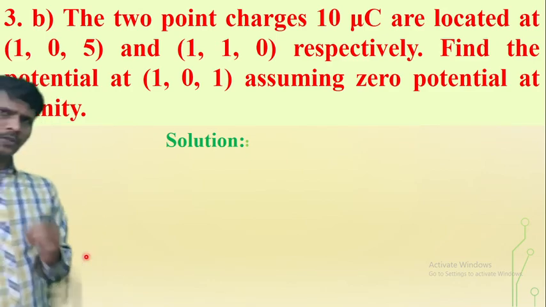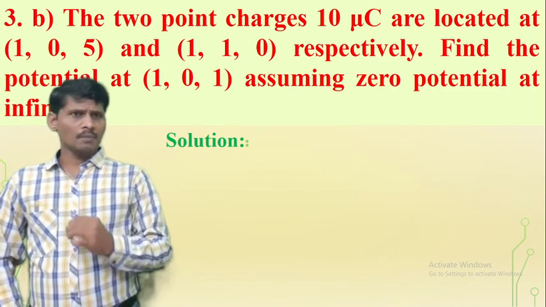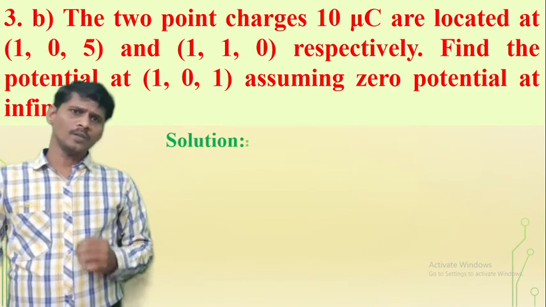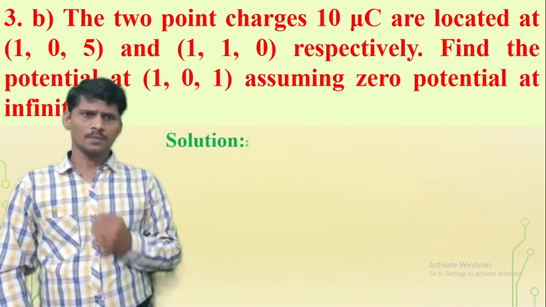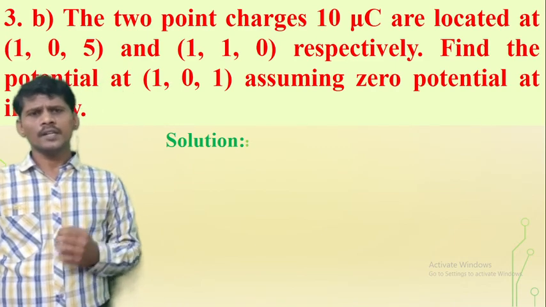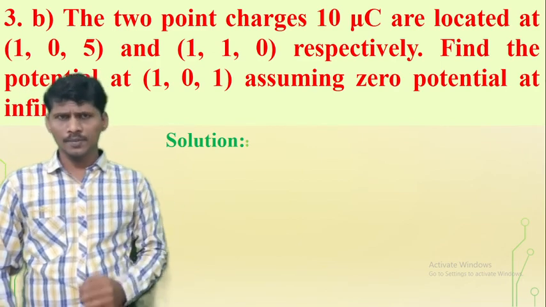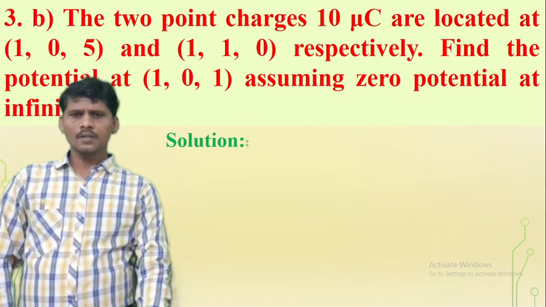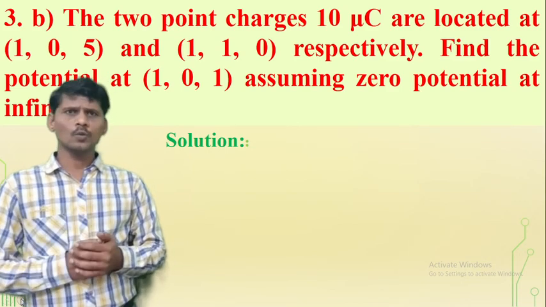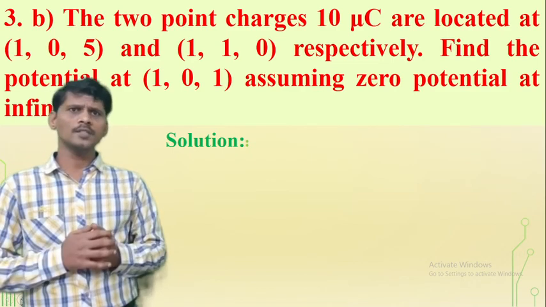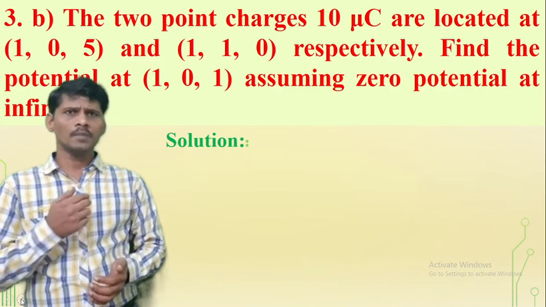Next, coming to the question number 3B. 2 point charges of 10 microcoulombs are located at 1, 0, 5 and 1, 1, 0 respectively. Find the potential at 1, 0, 1, assuming zero potential at infinity. So now we are given that there are 2 point charges, both having the same value, 10 microcoulombs and 10 microcoulombs.